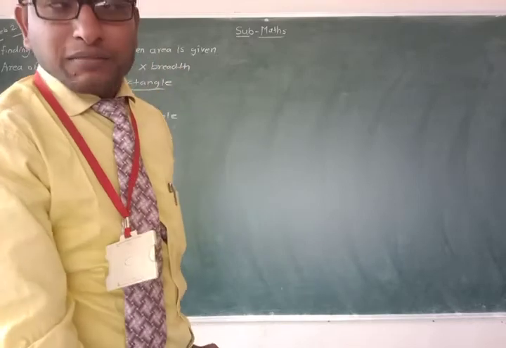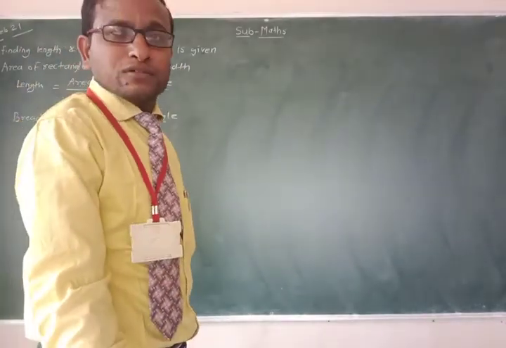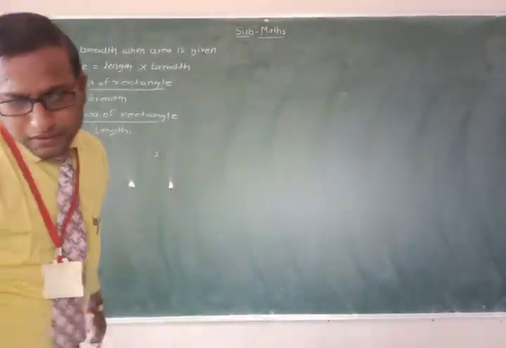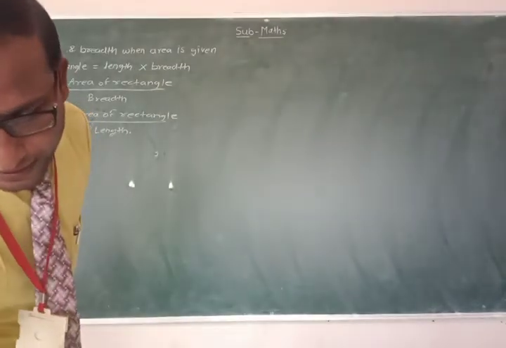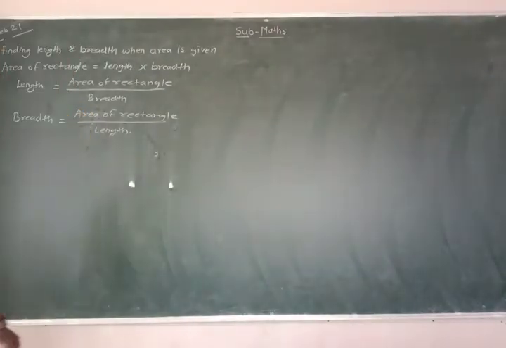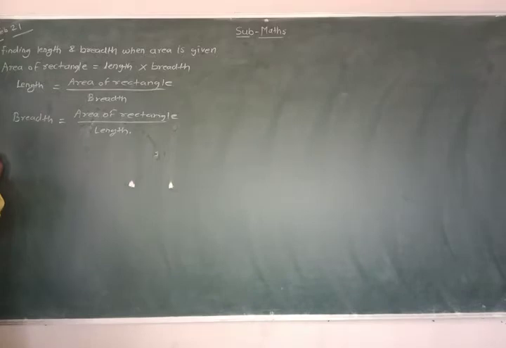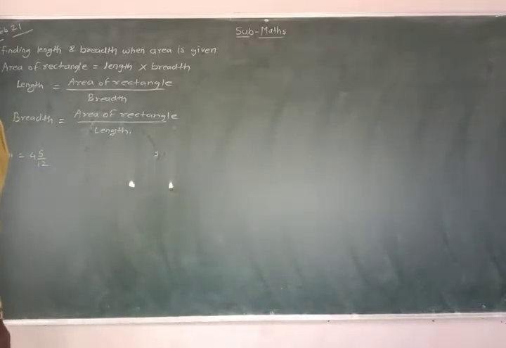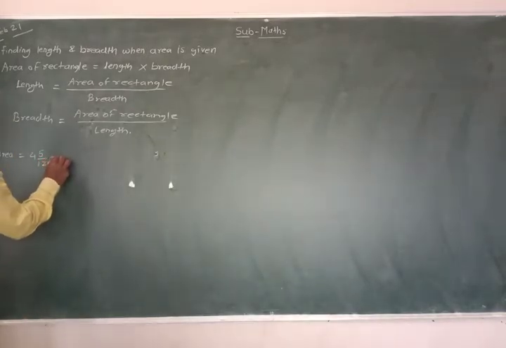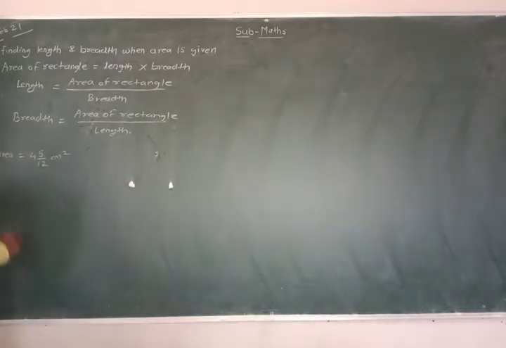In this example fractions are given, so how do we solve this example? You see in the front, area is given. Example first, area is equal to 4 integer 5 upon 12 centimeter square, and length is given.